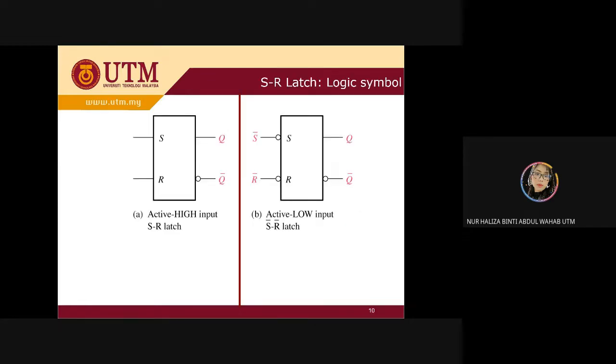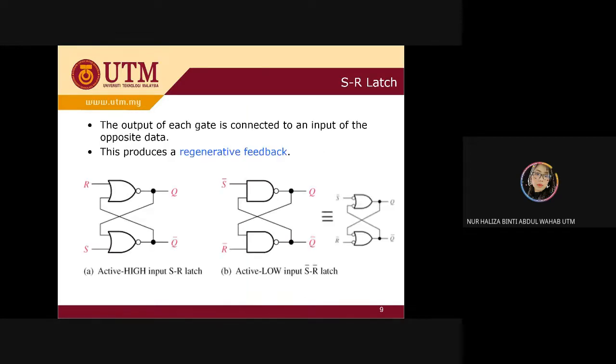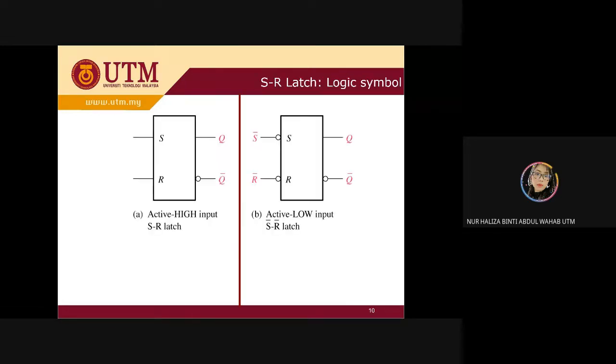Let's take a look at the symbol. This one is a block diagram logic symbol, in terms of the logic gates you are using. For the SR latch logic symbol, you're going to have S, R, Q and Q bar. Of course, you're going to have the bubble pins, which is the bar, and this is for your active high.